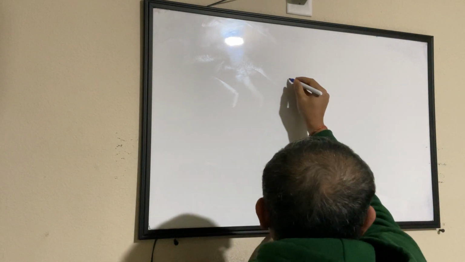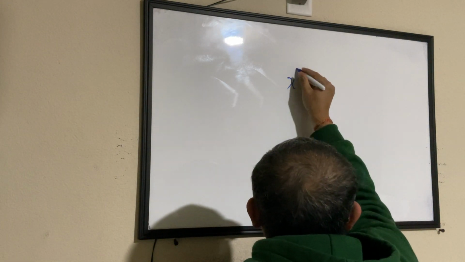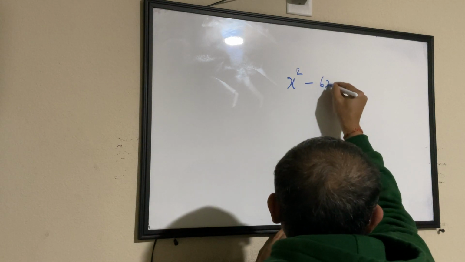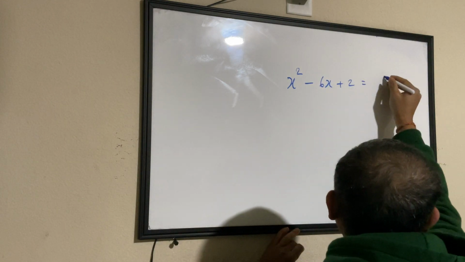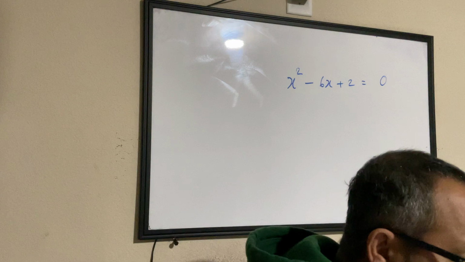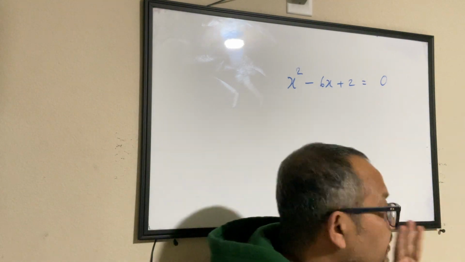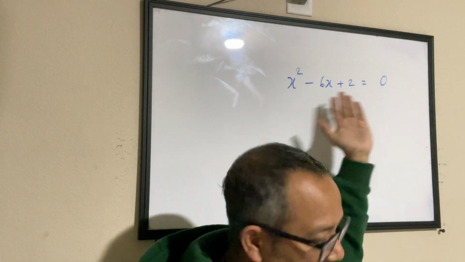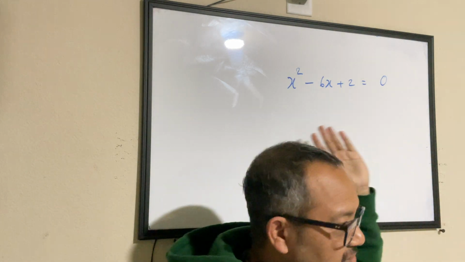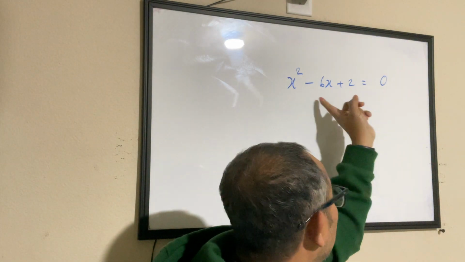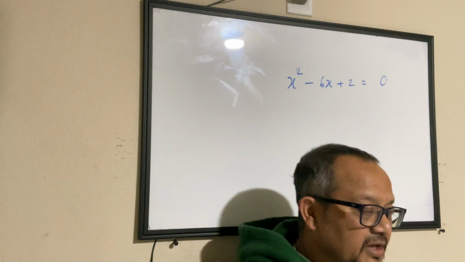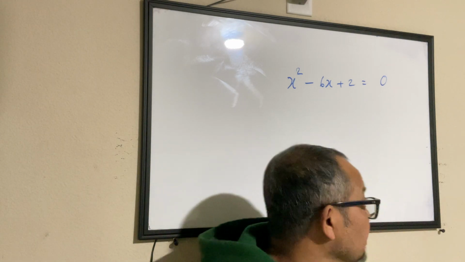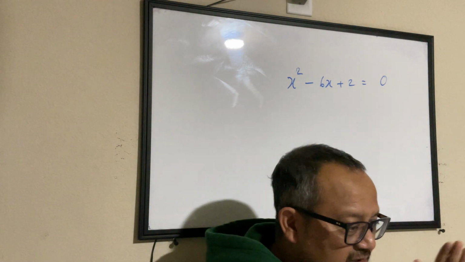Let's say we have an equation like x squared minus 6x plus 2 equals 0. We have three approaches that we can use: the standard formula, the quadratic formula, or multiplying a and c and splitting b into two parts.